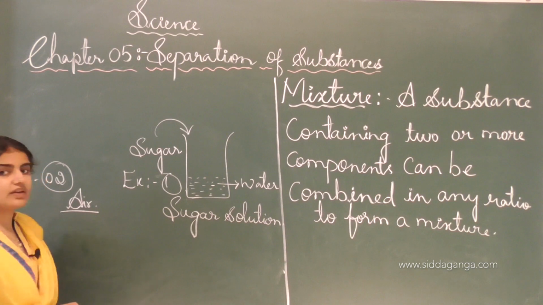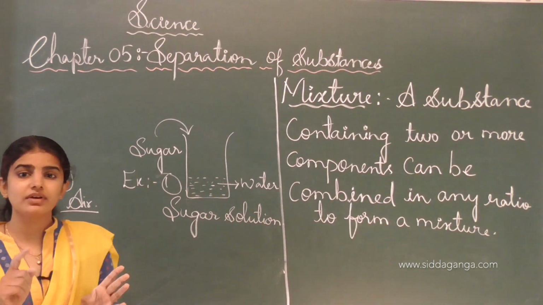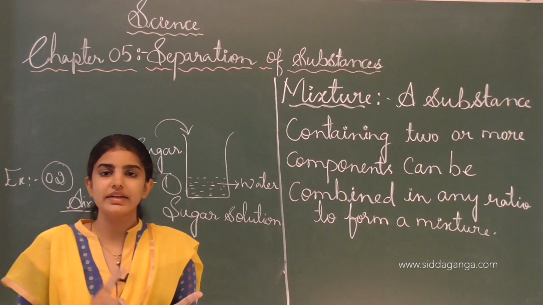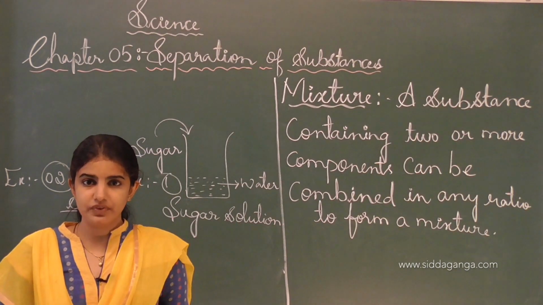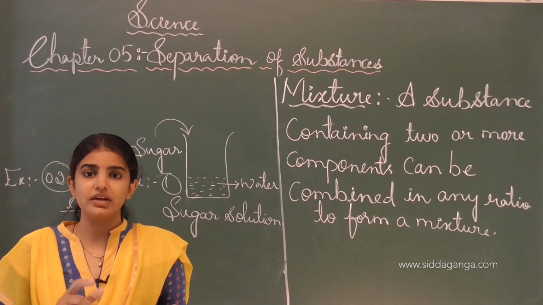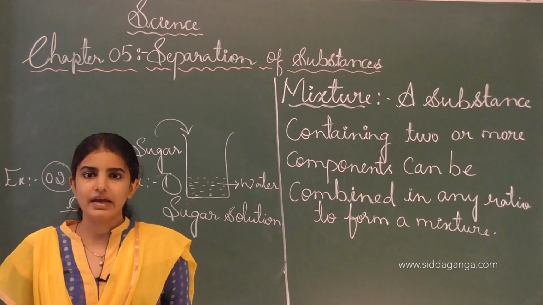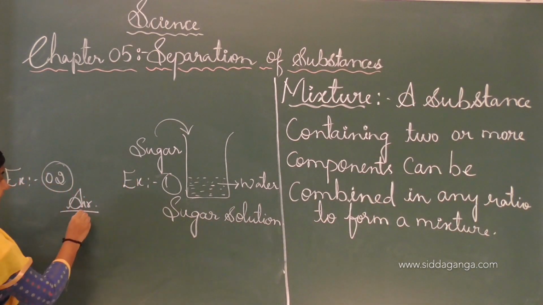If we consider air, it has various types of gases like helium, neon, argon. These are all different types of gases, and even carbon dioxide and oxygen are also gases which are present in the air.